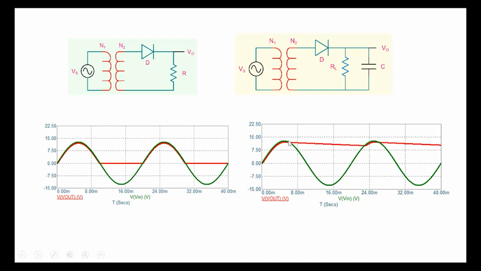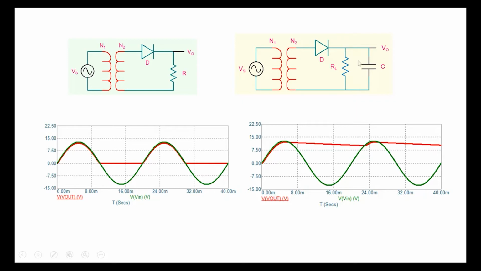And once the input starts falling, the capacitor maintains its voltage here, and therefore the diode will become reverse biased. The capacitor voltage will start to discharge through RL, but if we choose the capacitor properly, the discharge is very small, and therefore you get almost like a constant voltage here.